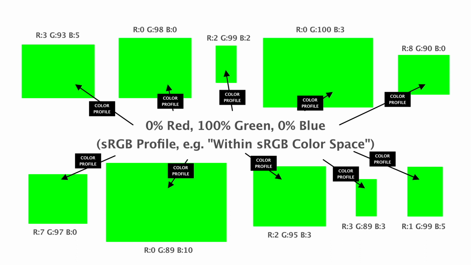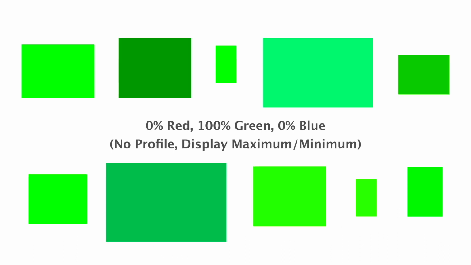For example, 100% green in the sRGB color space may be best represented on my particular monitor by setting its pixels' green components on at 93% strength, its red components at 3%, and its blue components at 5%. The formula that converts the color space value into the actual display values for a specific monitor to use is called a color profile.